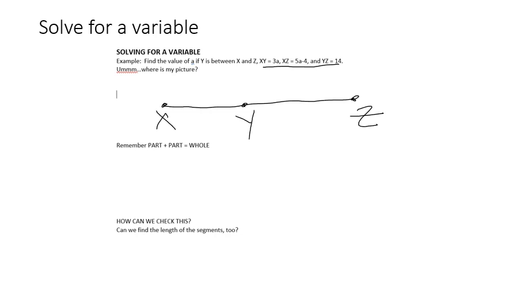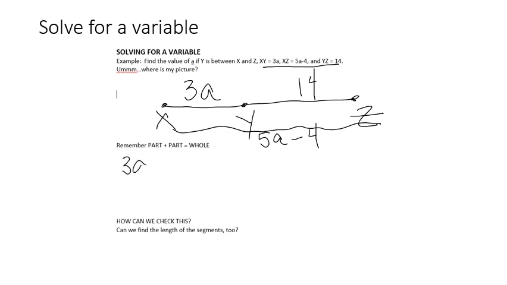So now we can label xy, that's a part. We can label yz, that's a part. And we can label xz, that's a whole. And we can set up our equation. So one of the parts plus another part equals our whole.